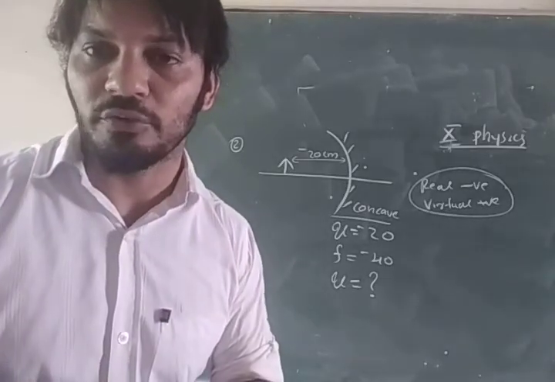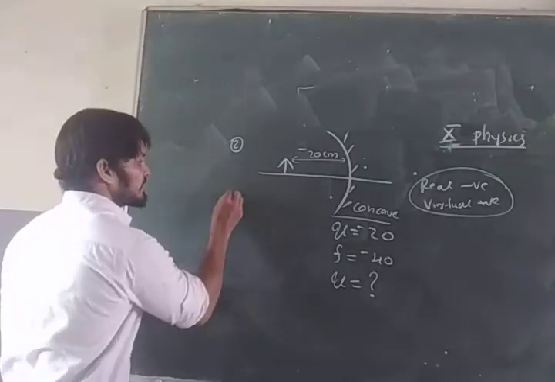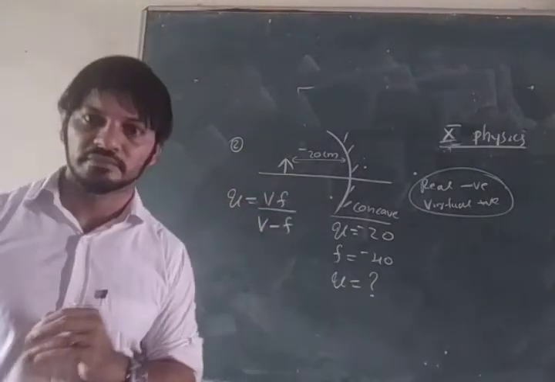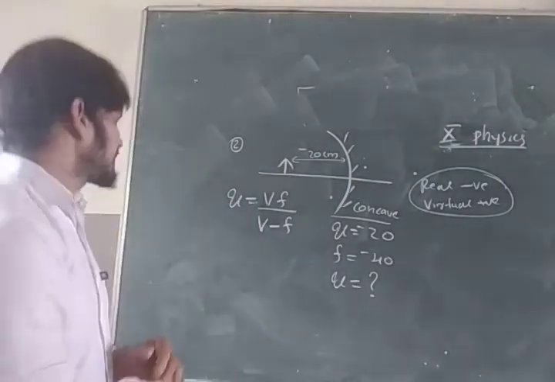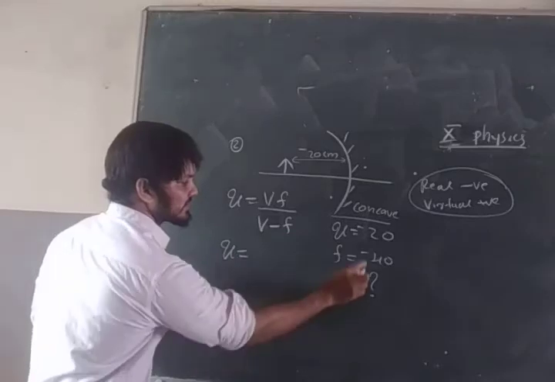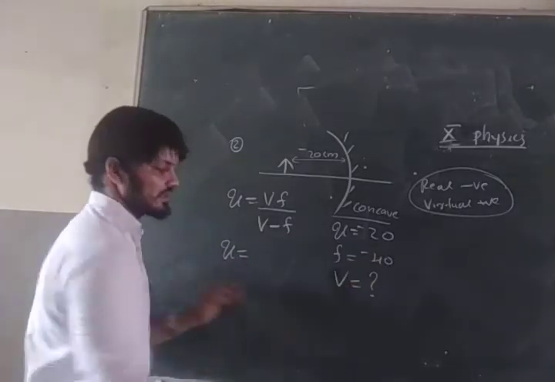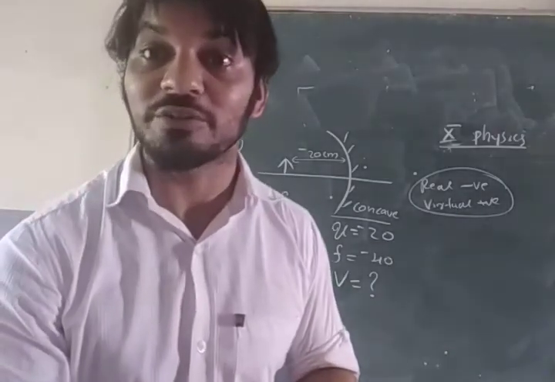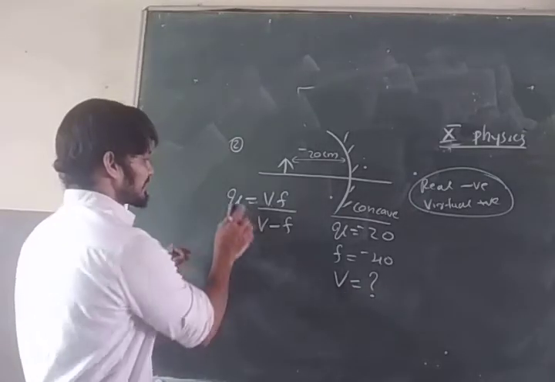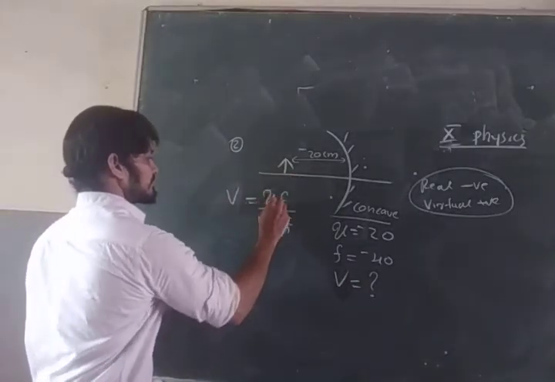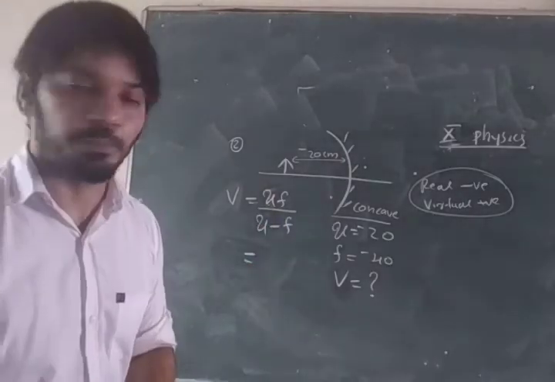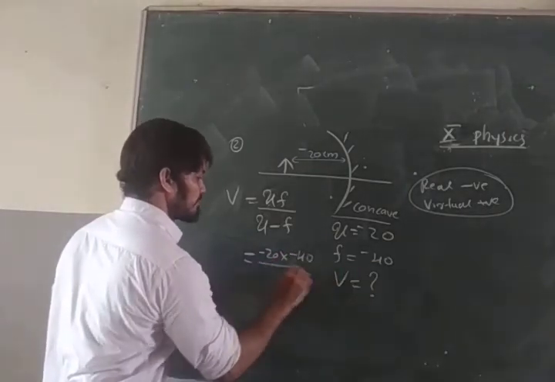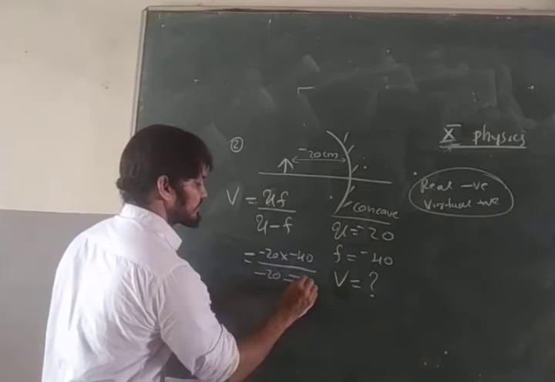I already gave the formula. U is equal to VF by V minus F, correct? Sorry, this is the V. So we are not finding U, we have to find V. V finding, U not. Okay, U place minus 20, F place minus 40, by minus 20 minus 40.